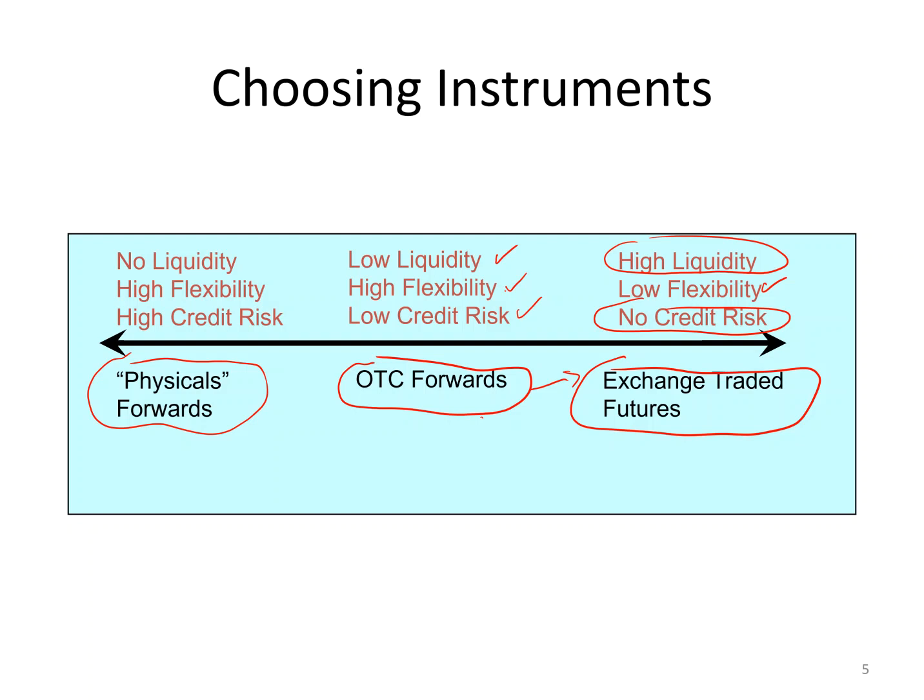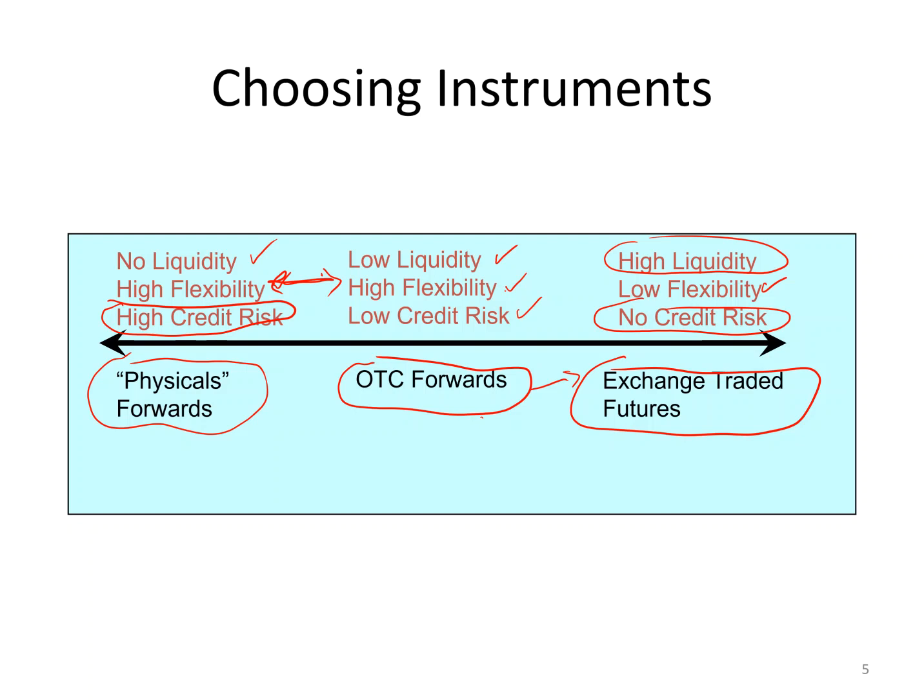And like an OTC forward, there's very little or no liquidity. That contract is an obligation. But there's a degree of flexibility with that farmer. So just like a forward contract, you negotiate the specific terms. The main risk of a physical forward is high credit risk. You have that risk of that farm not having the asset to deliver.